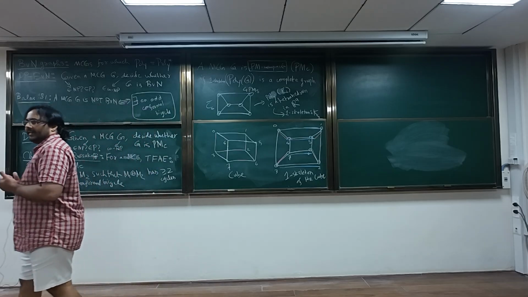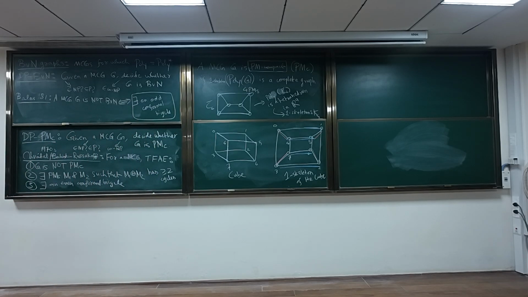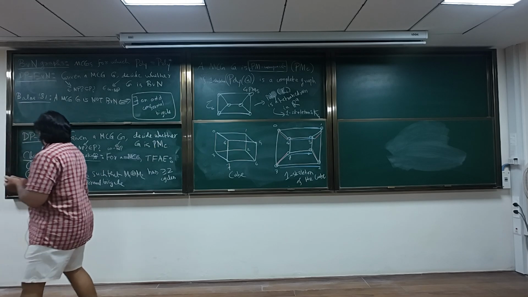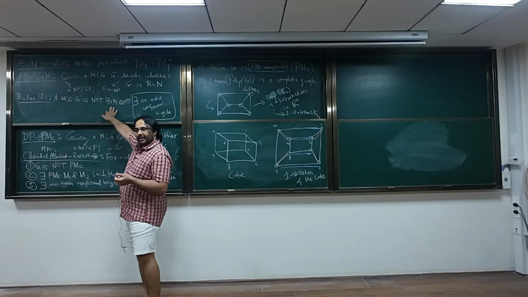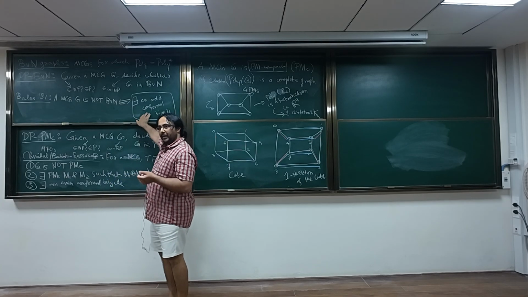That's how it works. So, my main contribution was to realize that we could solve the whole problem for matching covered graphs, and we could actually find a way to sell it. And for that, instead of solid, I went to Birkhoff von Neumann, which is the same as not having an odd conformal bicycle.